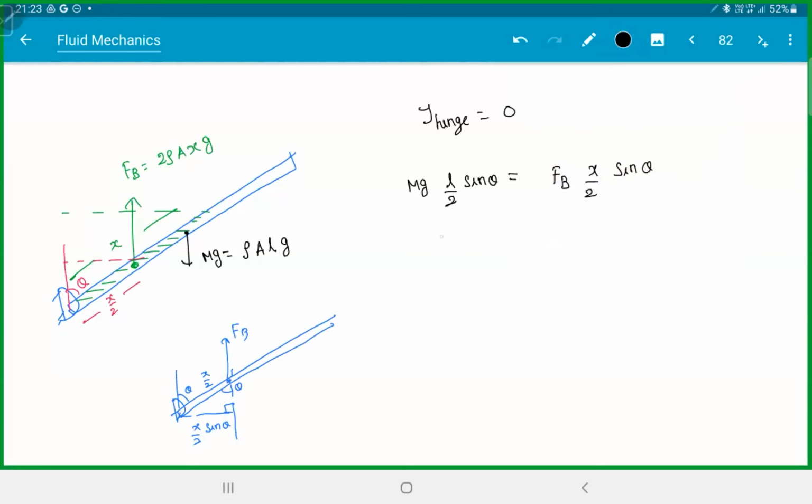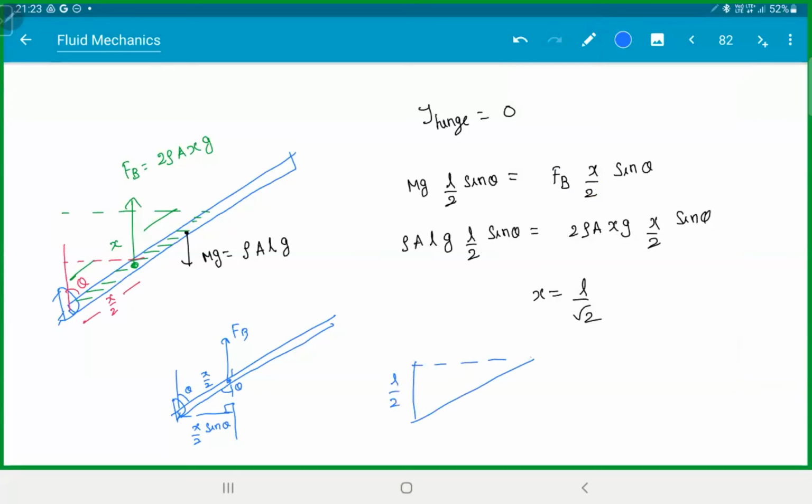Substitute the values. So rho A L g, L by 2 sine theta equals 2 rho A x g, x by 2 sine theta. X is equal to L by root 2. So in this triangle, if you see, this is L by 2, this is x equal to L by root 2, and this is theta.